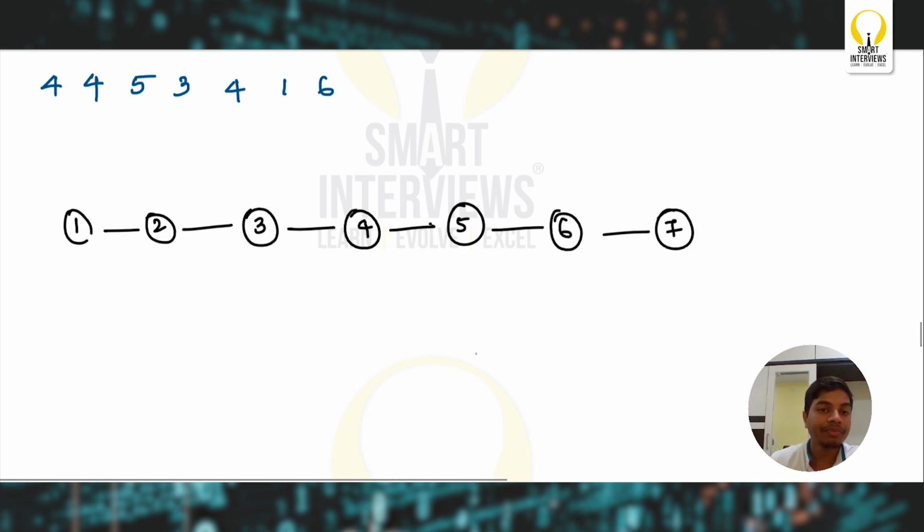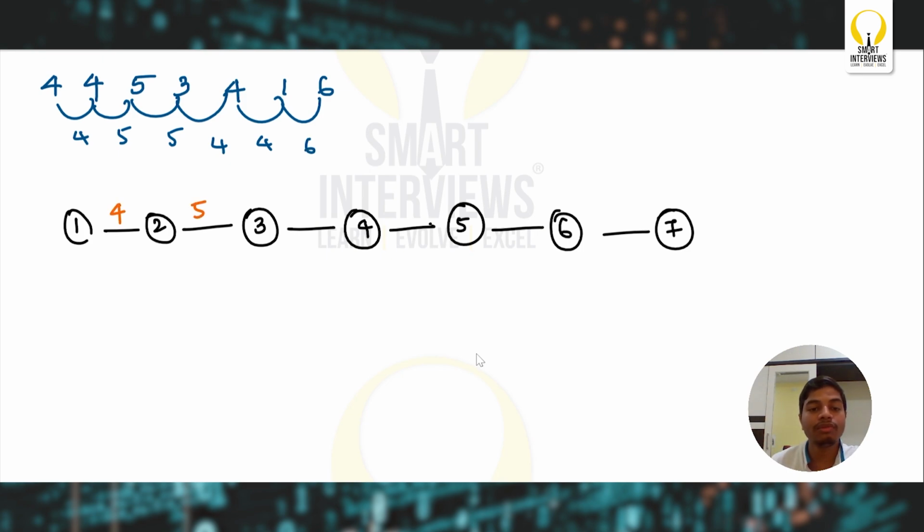Yes. So here it is going to be 4, 5, 5, 4, 4 and 6. So let us take these differences. So the edge weights are 4, 5, 5, 4, 4 as well as 6.